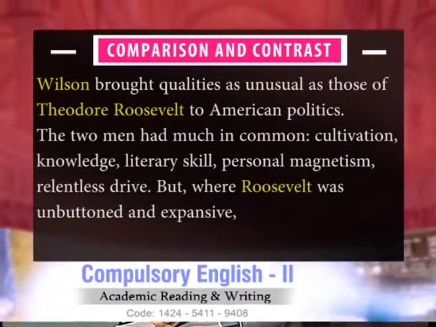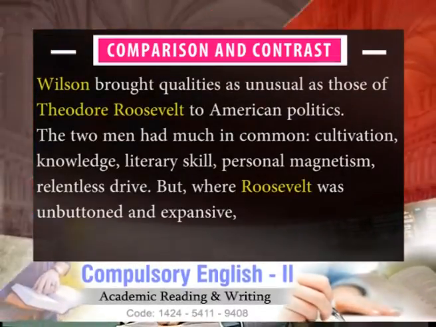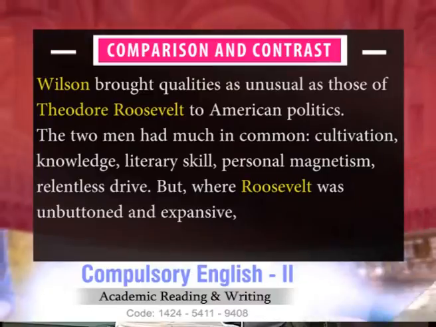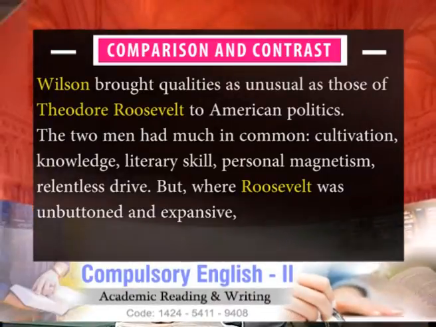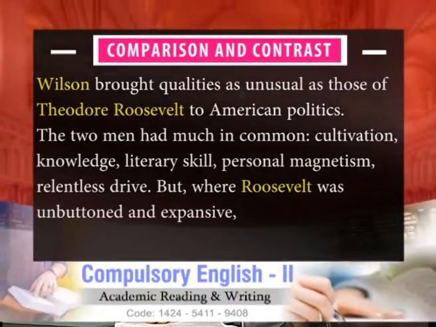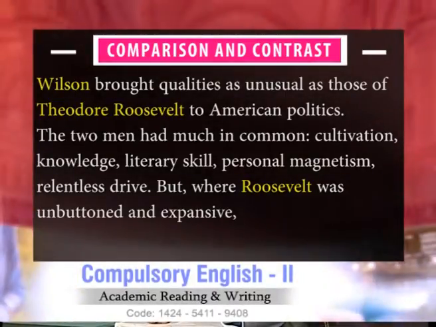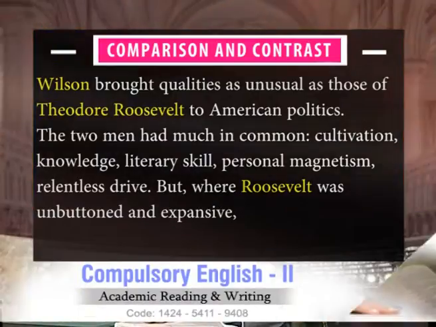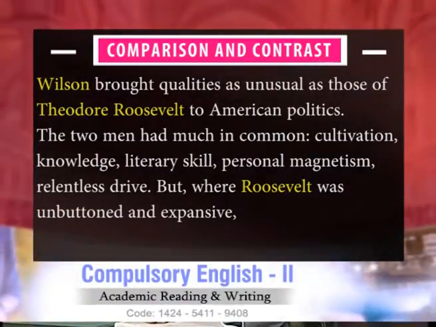On your screen, you can see the paragraph. Wilson brought qualities as unusual as those of Theodore Roosevelt to American politics. The 2 men had much in common: cultivation, knowledge, literary skill, personal magnetism, relentless drive.